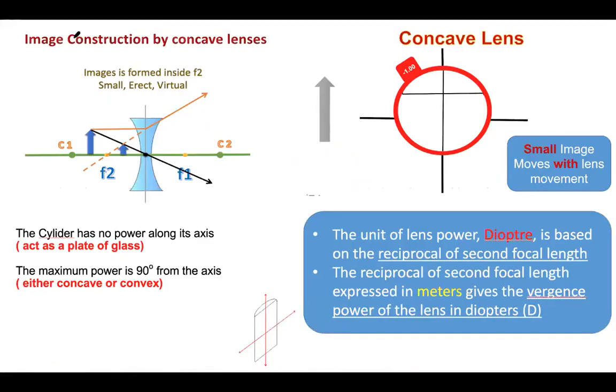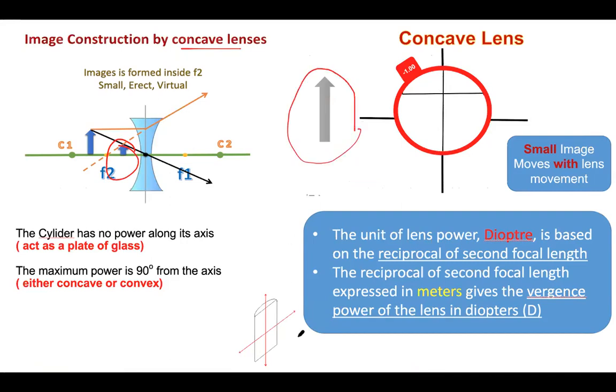We said before that image construction by concave lenses gives a small image. This small image is a virtual image. And in a concave lens, if we move the lens in front of a cross, the cross moves in the same direction as the movement of the lens.